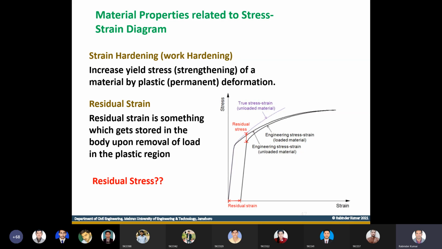If you stretch the spring beyond the elastic limit, it will not go back to its original position, because the strain remains in it. The strain which gets stored is known as the residual strain. Similar is the case with residual stress.